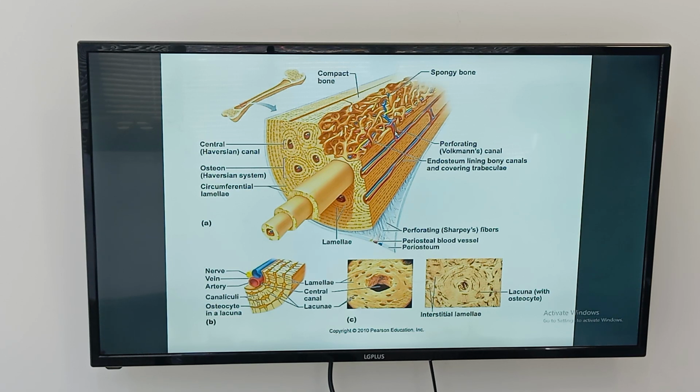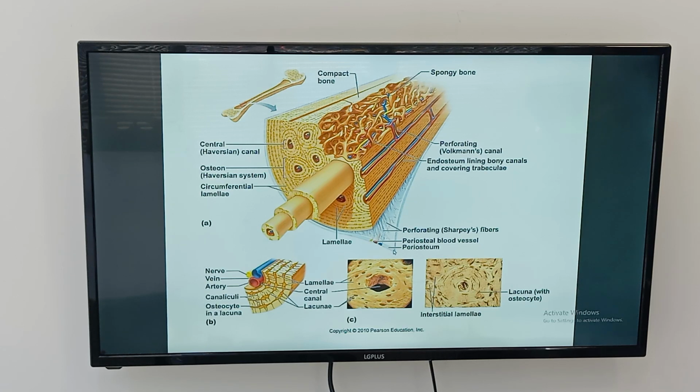You can see here we have perforating or Volkmann's canal, and these two are endosteum lining bony canals and covering the trabeculae. This whole structure of bone is covered by an outside or external sheath, which is called perforating Sharpey's fibers and periosteal blood vessels, and this one is periosteum.